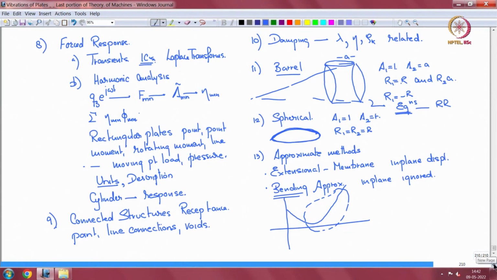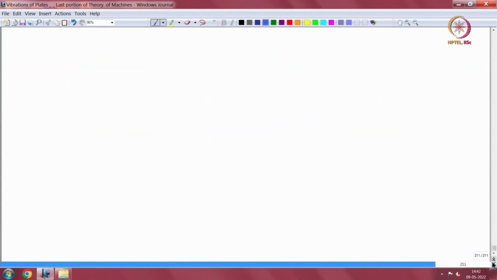Then there is a very famous approximation called the Donnell-Moshtaré-Vlasov theory, okay, which is for shallow shells, okay, where the radii are much larger, and these are also bending dominated.